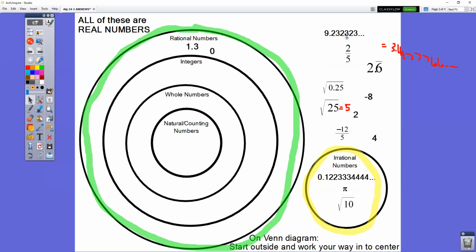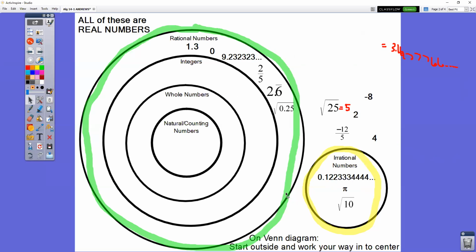1.3 is rational, 0 is rational, 9.23 repeating, all right, because I could use a repeating sign, that's rational. 2/5 is rational, any fraction is rational, any repeating decimal is rational. The square root of 0.25, I don't have a calculator in this room that I'm in today.